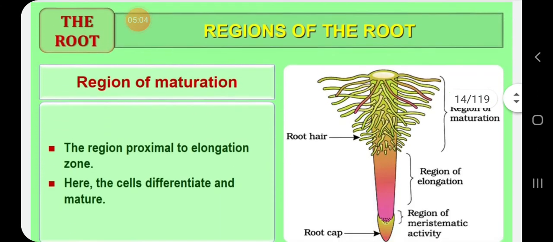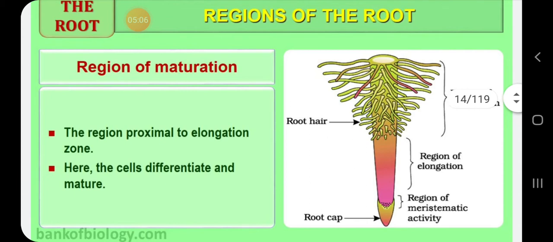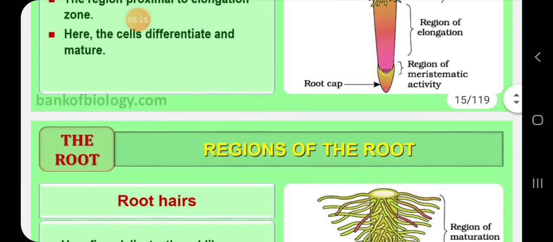Now the region of maturation. The region proximal to the elongation zone is known as the region of maturation. Here the cells differentiate and mature; the work division is done and they get mature.